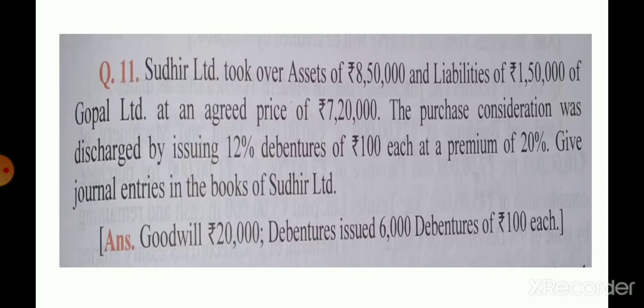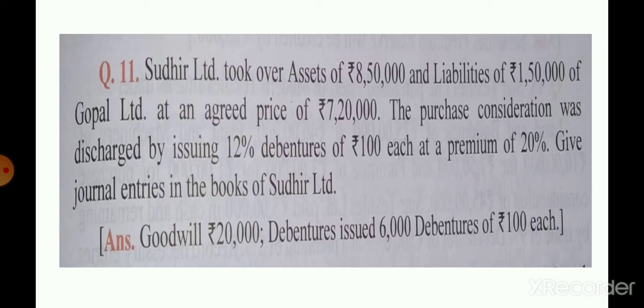Quite an easy question. Now another question: Sudhir Limited takes over the assets of 8,50,000 and the liabilities of 1,50,000 of Gopal Limited at an agreed price of 7,20,000. The purchase consideration was discharged by issuing 12% debentures of 100 each at a premium of 20%, that is 20 rupees.